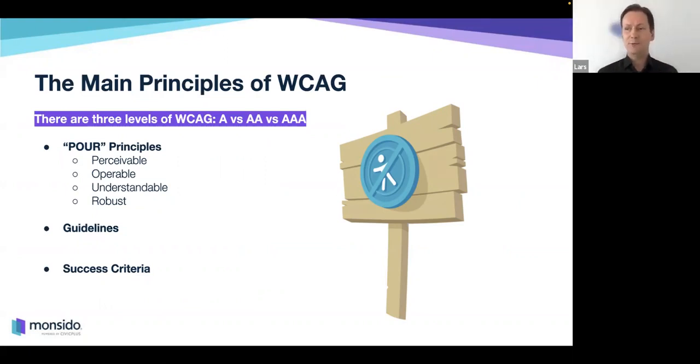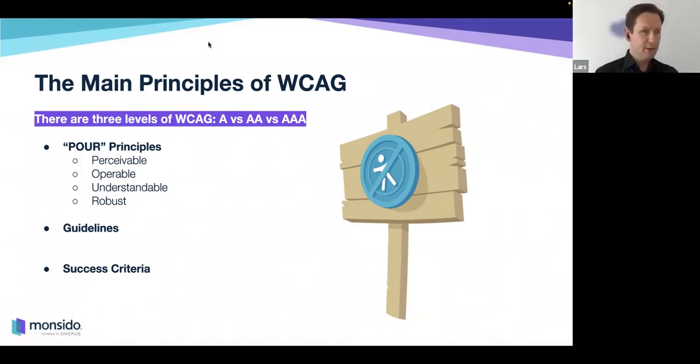First we have the three levels, A, AA, AAA, and that's really a measure of how big a part of the standard, or how many criteria, we cover. And from the legal side, most organizations who have to do web accessibility would legally be required to hit level AA. It really depends on how many things we have to do.